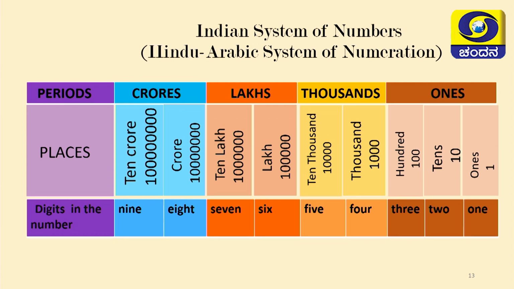We take from right to left: ones, tens, hundreds, thousand, 10,000, lakh, 10 lakh, crore, 10 crore. 10 crore has 9 digits, crore has 8 digits, 10 lakh has 7 digits, lakh has 6 digits, 10,000 has 5 digits, 1000 has 4 digits, 100 has 3 digits, 10 has 2 digits, 1 has only 1 digit.